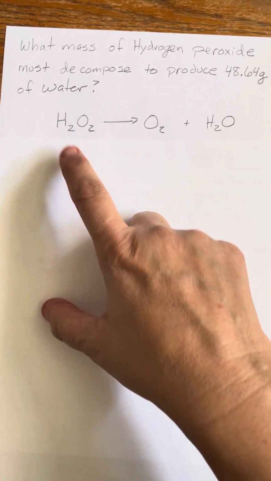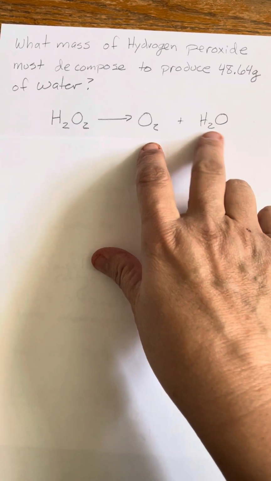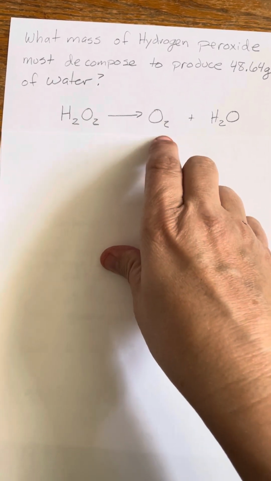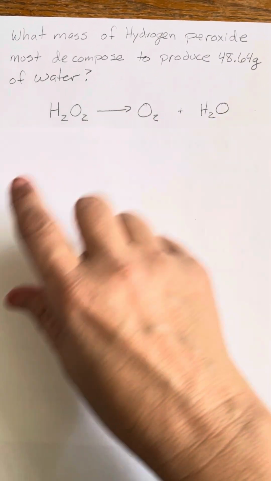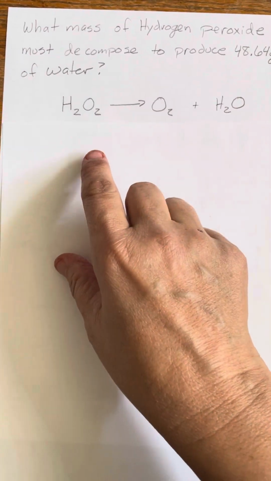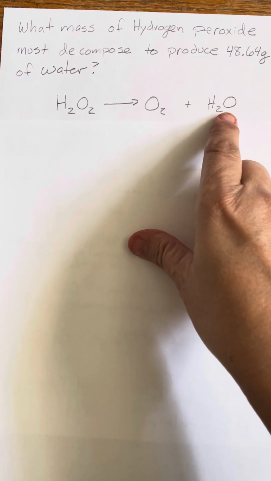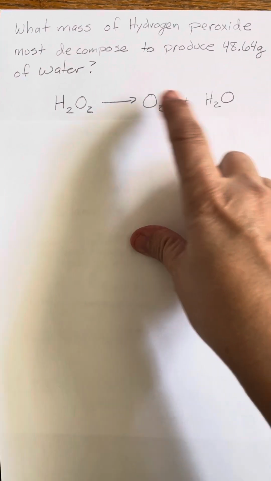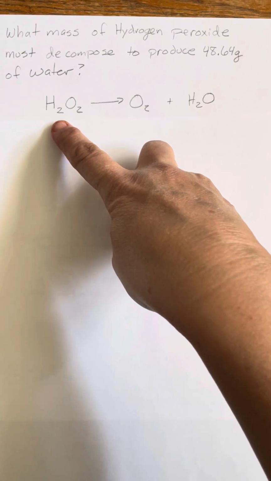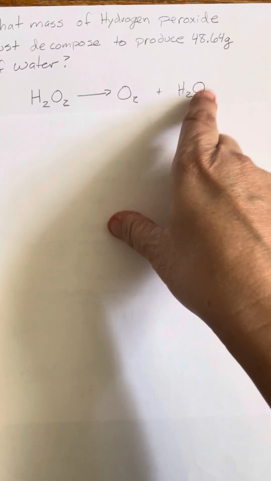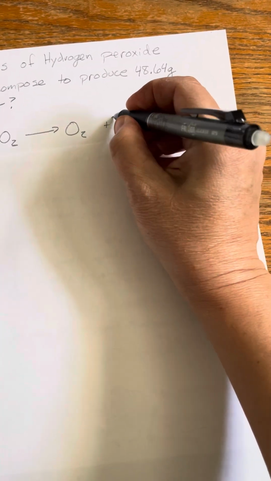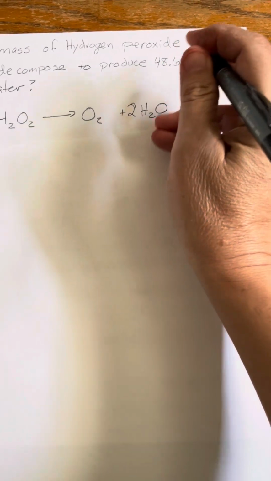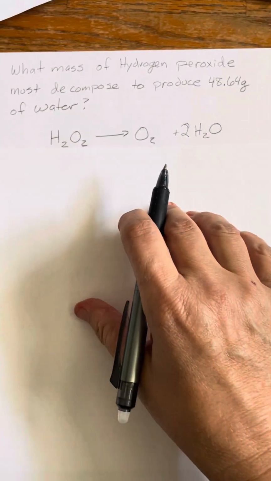Now, is this balanced? 2 hydrogens, good. 2 oxygens, 3 oxygens. So that's not too good, right? So we have to figure out how to balance this. Well, I know this side is always going to be an even number of oxygen, so I have to make this an even number. So I am going to put a 2 here, and if I need to play with it later, I can.